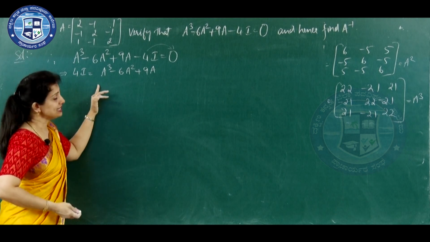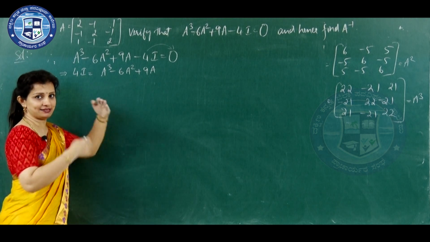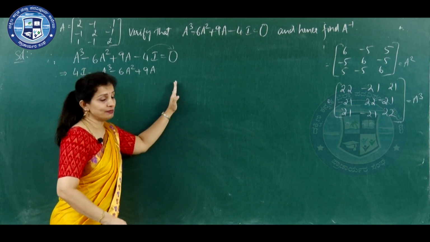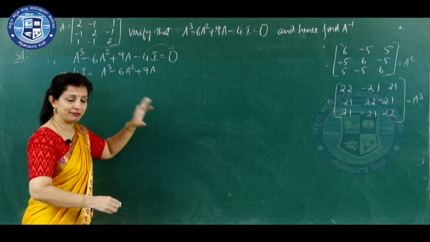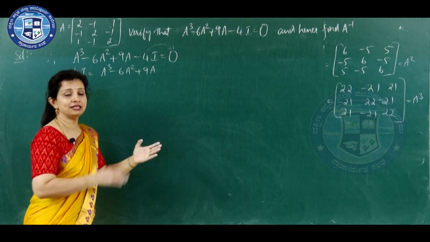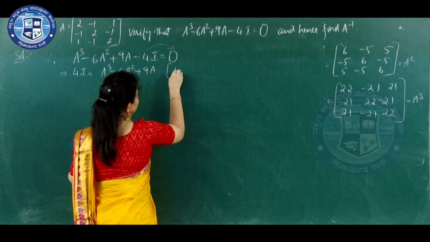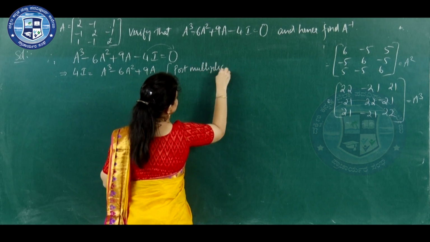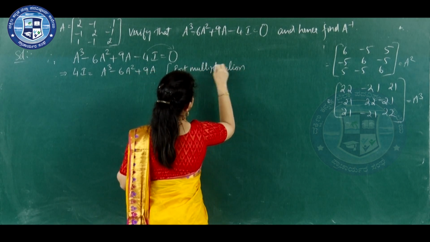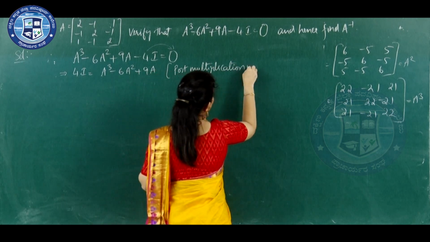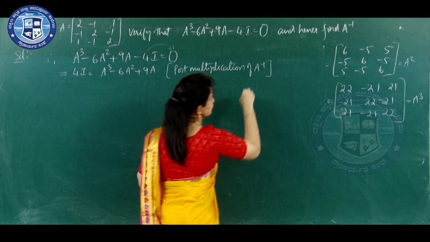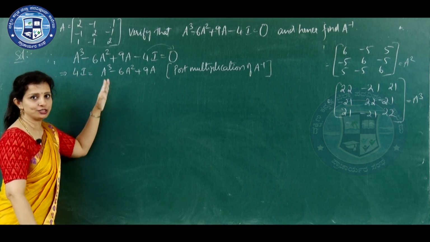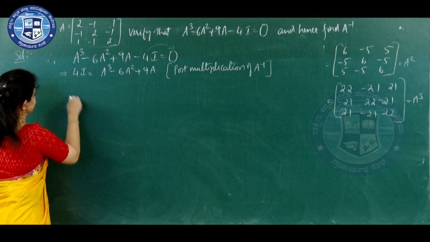Now here also we have to multiply as we did in the previous sum, by post multiplication of A inverse on both sides. Post multiplication means after writing the matrix, you need to multiply A inverse to it.